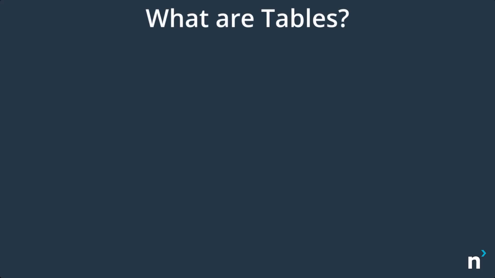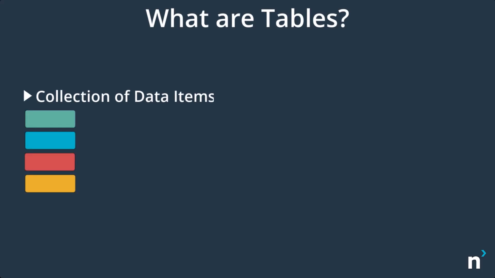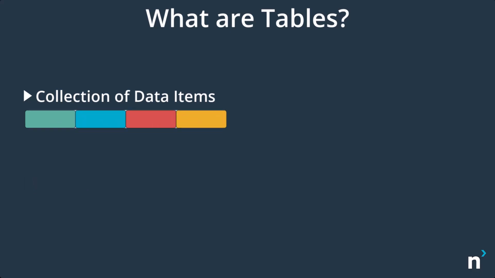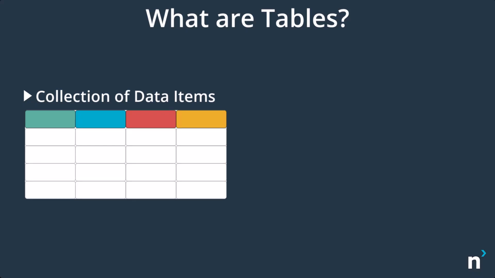As covered in the Anatomy of a NextWorld Application video, fields, also known as data items, are the foundation of an application in NextWorld. Tables are a collection of these related data items and are used to store and retrieve business information in your NextWorld environment.